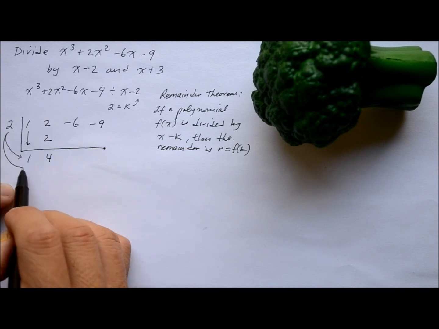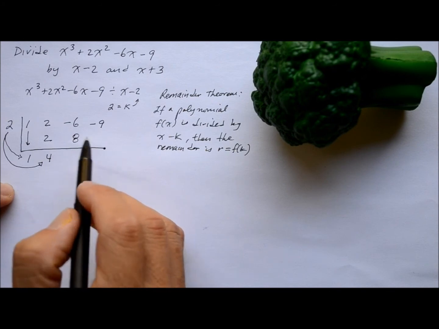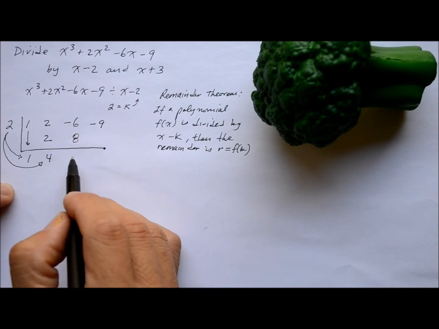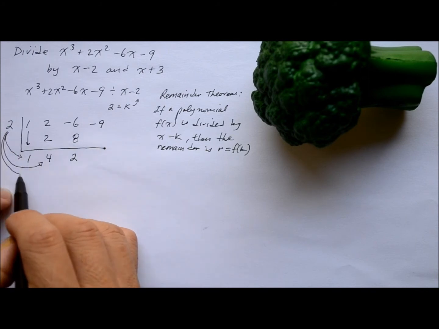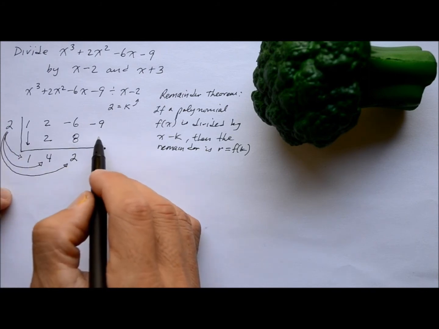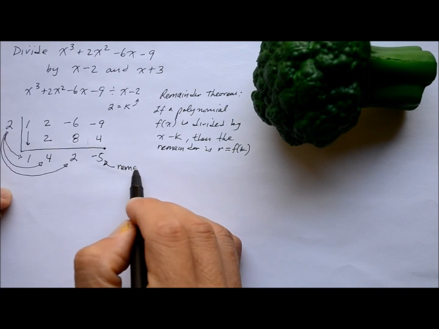Multiply k again to get 8, and combine negative 6 and 8 to get positive 2. Finally, multiply k by that 2 to get 4, and the difference gives us negative 5. That happens to be the remainder.